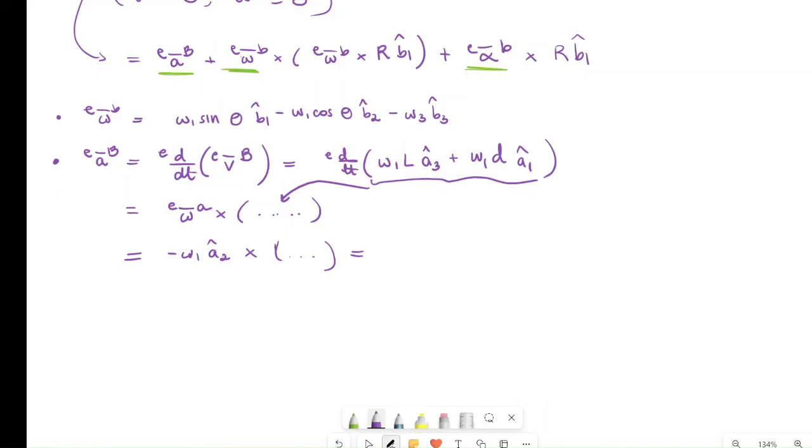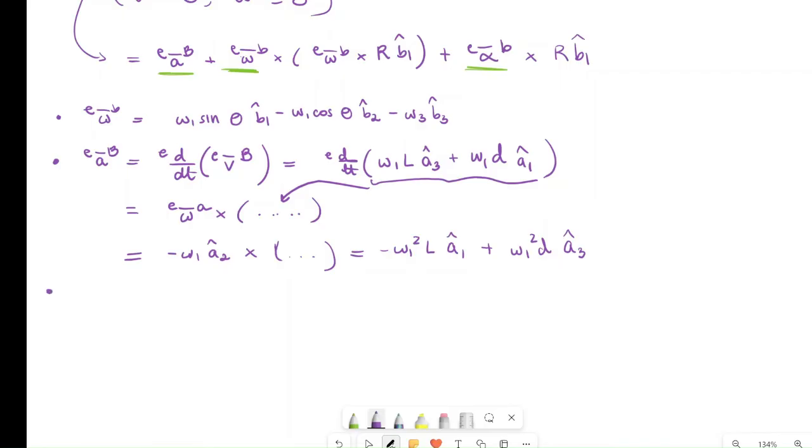I think there should be a negative. And then, yeah, so then we have A2 cross A1, so that's a positive. Wait, yeah, that gives a positive omega 1 squared times D A3 hat. Okay. That's our expression for the acceleration of B and E.